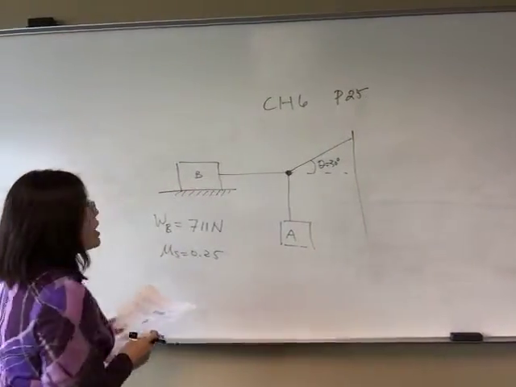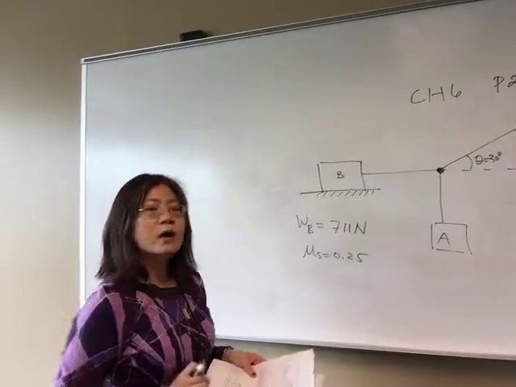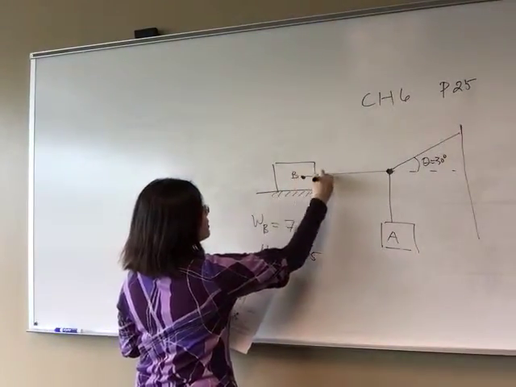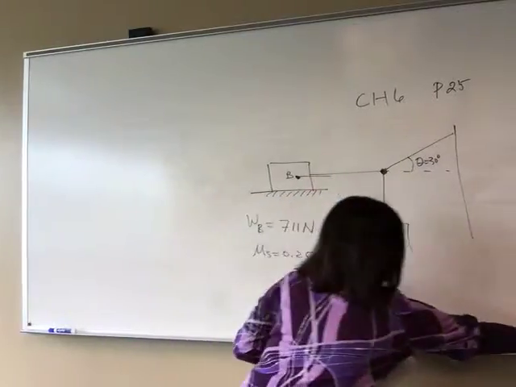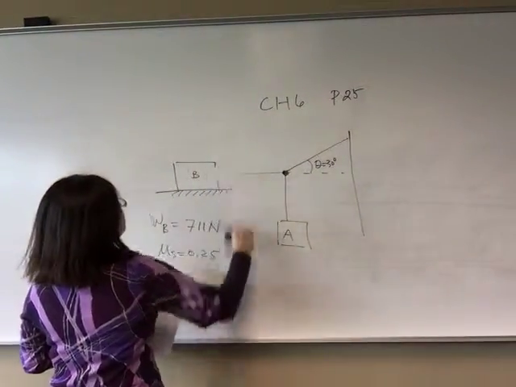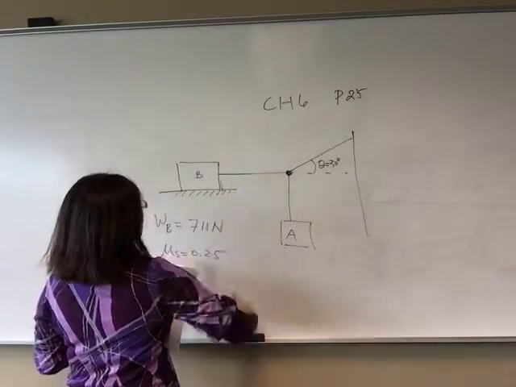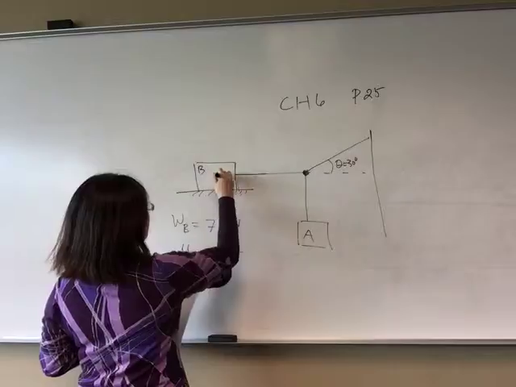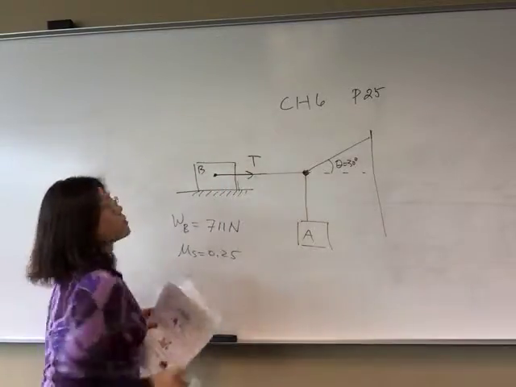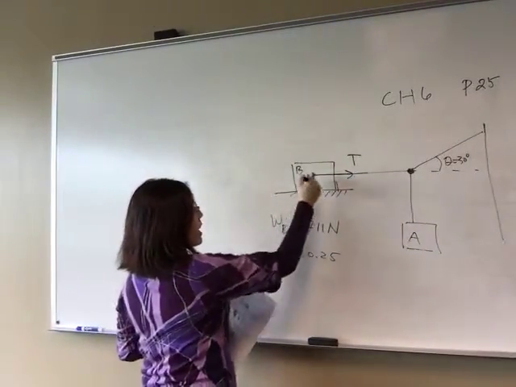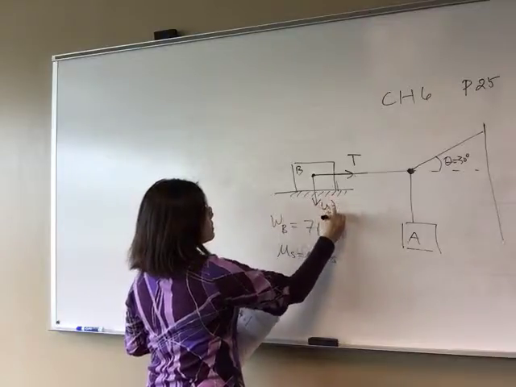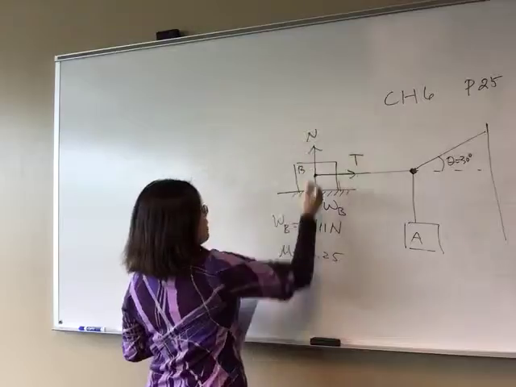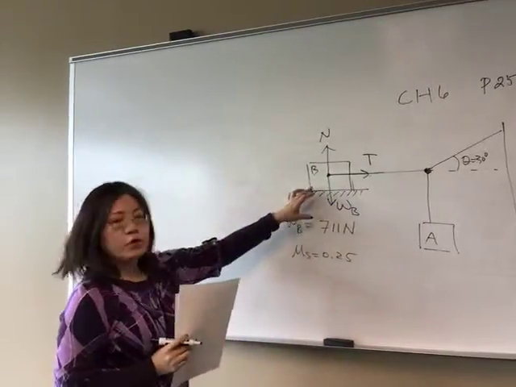So let's draw a free body diagram. Whenever you do this kind of problem, draw a free body diagram first. So you have your block B that has a tension. You have tension in this direction, and you have the weight of this block, and there's a normal force here, and then there's a frictional force.